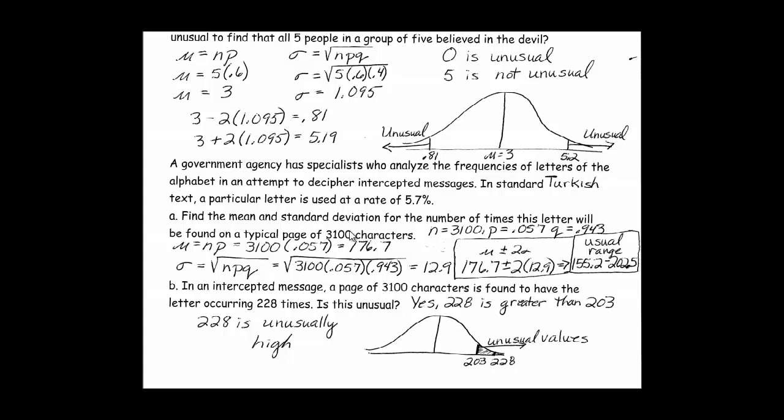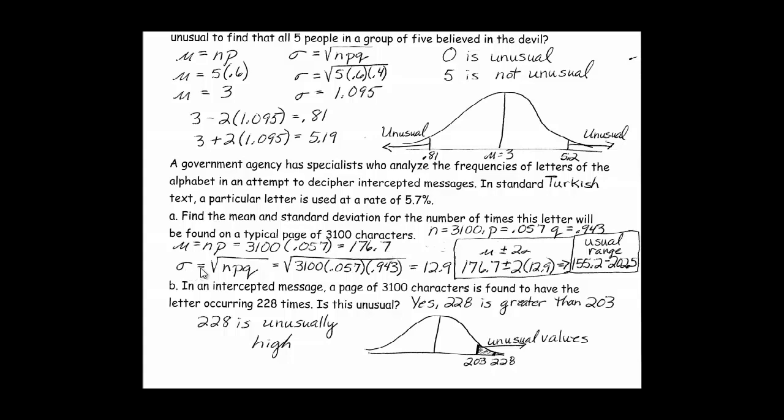So we want to find the usual range, the number of times we should see this character in this page of document. So our mu is n times p, and we plug in, we find that on average in a document that has 3,100 characters, you would expect to see this character about 176.7 times.